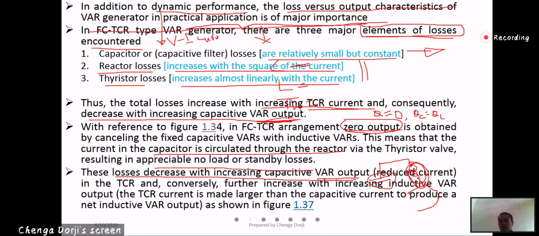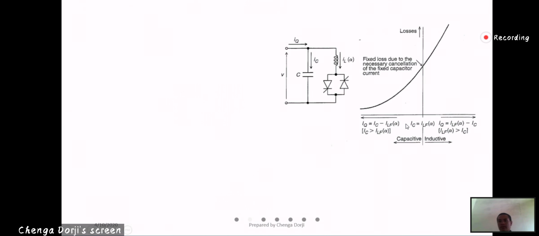This you can see in the loss versus output plot. Linearly, the I squared R loss, then the capacitive loss is almost constant at first. This is the fixed loss at zero output. After that, the inductive loss and thyristor loss.